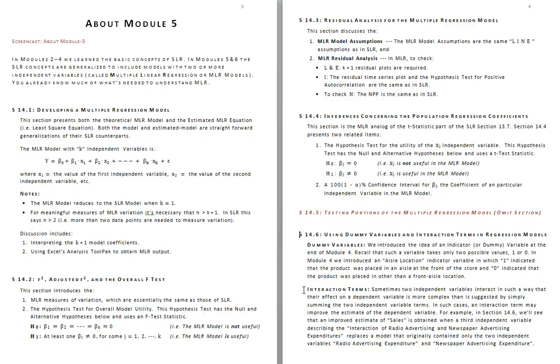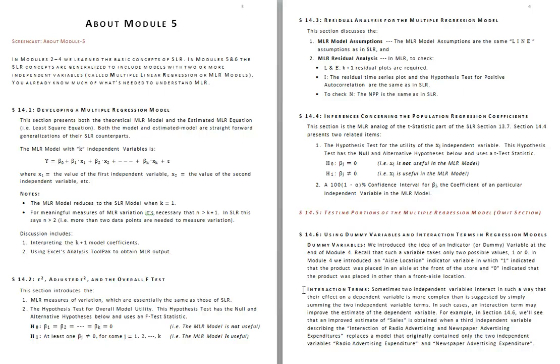In section 14.6, we'll ask if the interaction between the audio advertising variable, radio, and the visual advertising variable, newspaper, can be used to better predict sales. This is a question of the importance of the advertising mix.